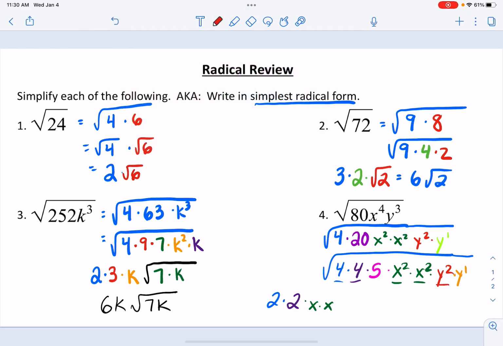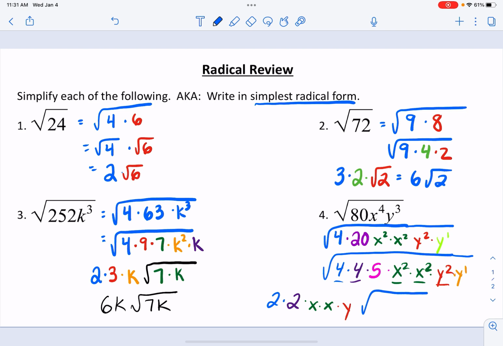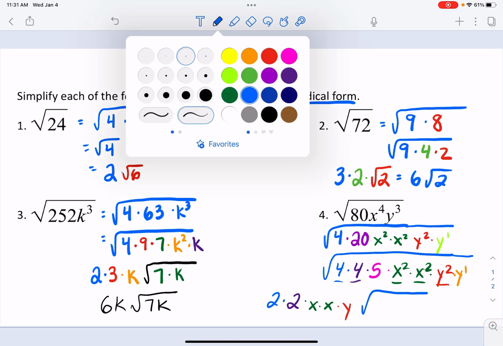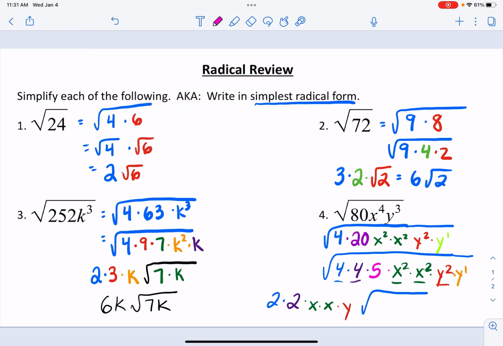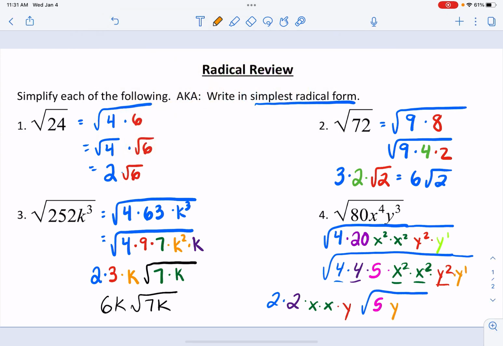The y squared gets broken out into a y. What's left over? 5 y to the first.